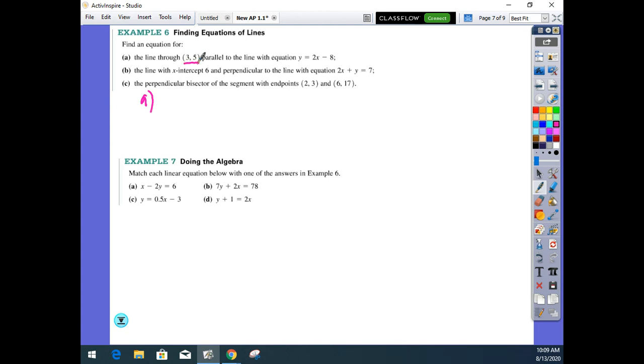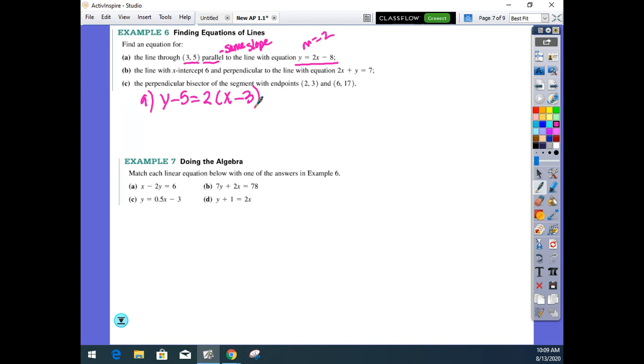Here we have a point and we want it parallel. Keyword: parallel means same slope. What's the slope of this line? 2, so the same slope. We have a point, we have a slope, we're going to use point slope form. Y minus 5 equals 2 times x minus 3.